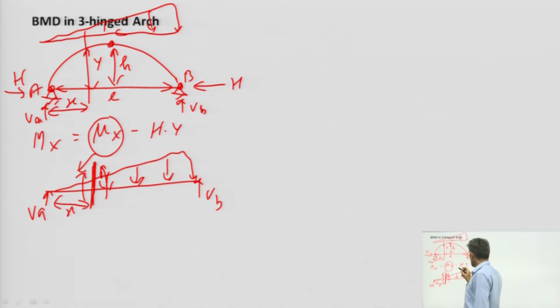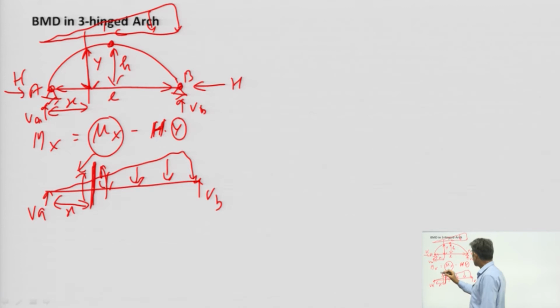The next thing, h into y: h is a constant value for a given loading, the support reactions are constant, and the variable is y, the ordinate, the rise of the arch at some particular section x.